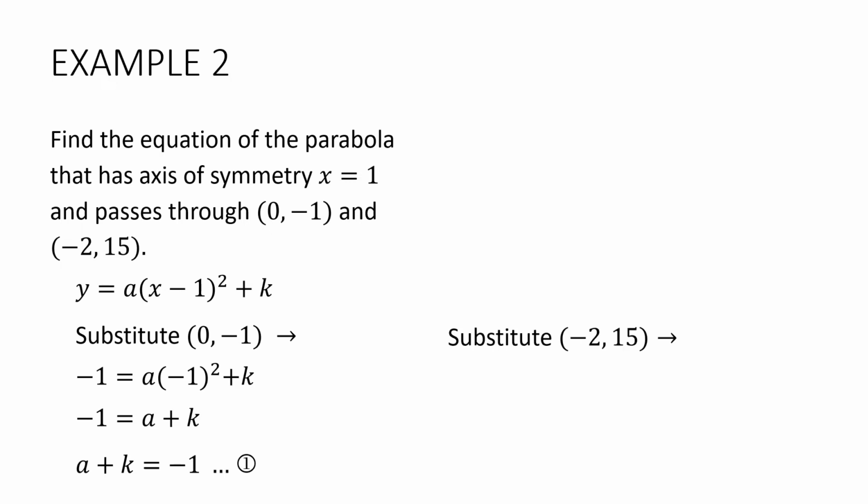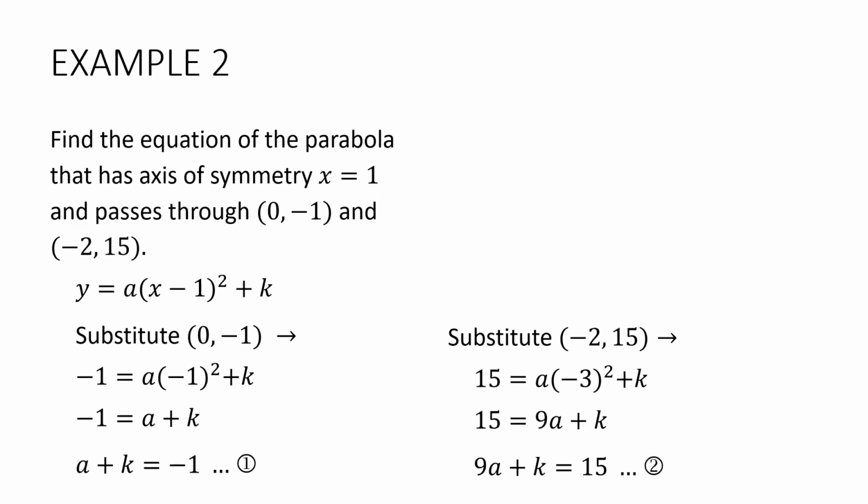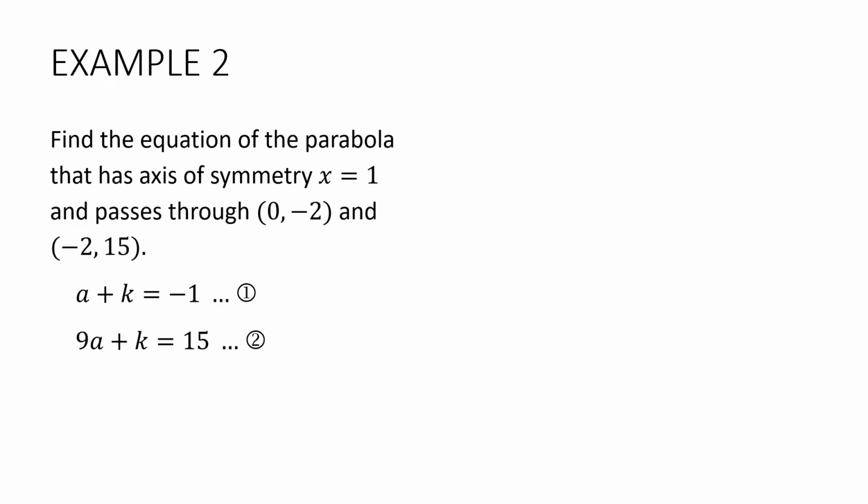Now let's substitute in negative 2, 15. End up with 15 is equal to a multiplied by negative 2 take away 1 is negative 3 all squared plus k. Tidying it up and turning it around, I end up with 9a plus k equals 15 as my second equation. So this time I have got the same sign, so I'm going to subtract.